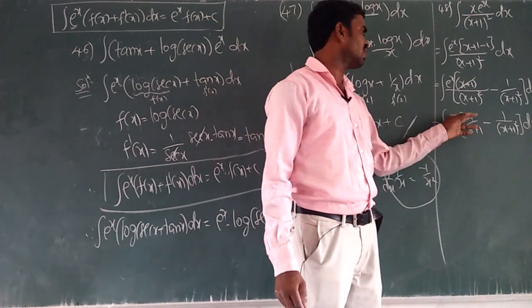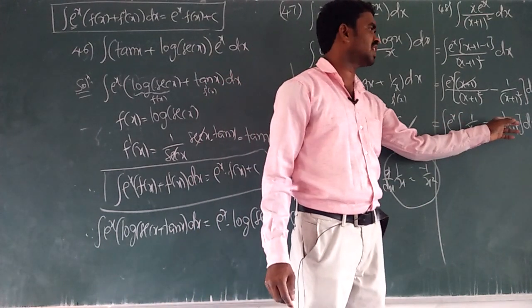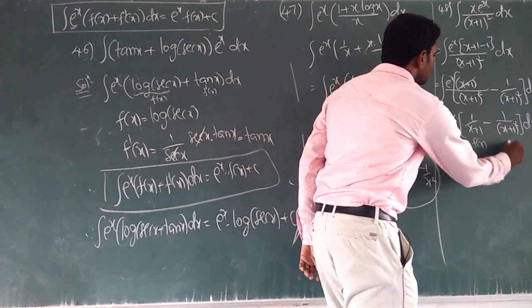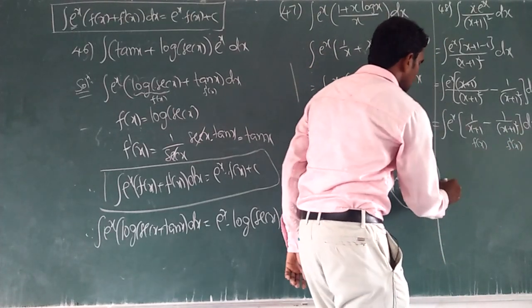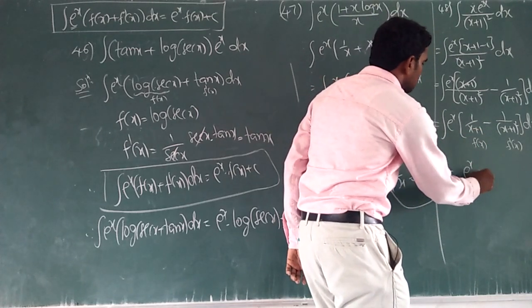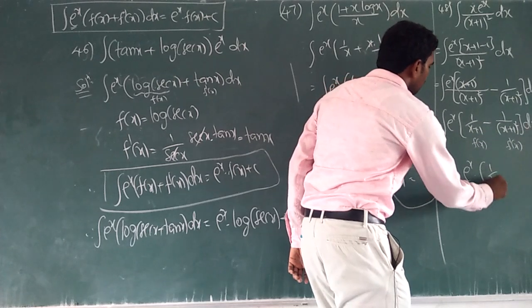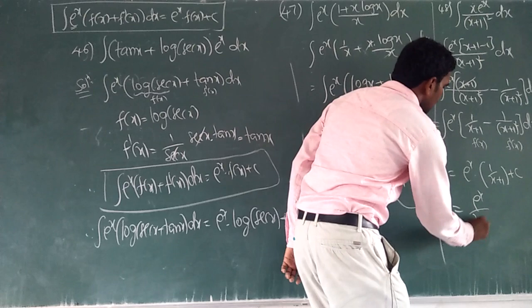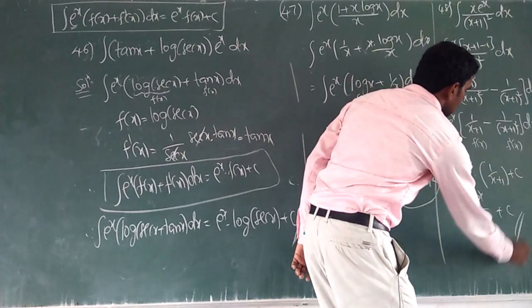Like this, the derivative of 1 by x plus 1 is minus 1 by x plus 1 whole square. So this one you can treat as f of x, and this will be f dash of x. So what is the answer? E power x into f of x, where f of x is 1 by x plus 1, plus c. So e power x by x plus 1 plus c is the answer.